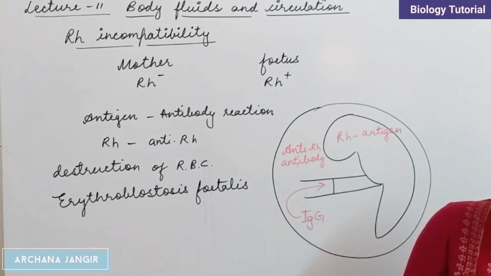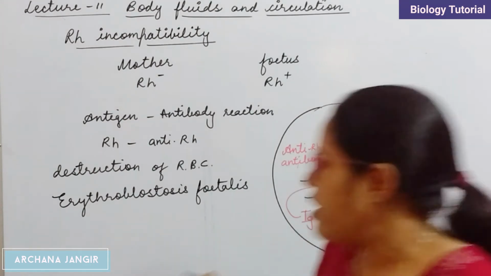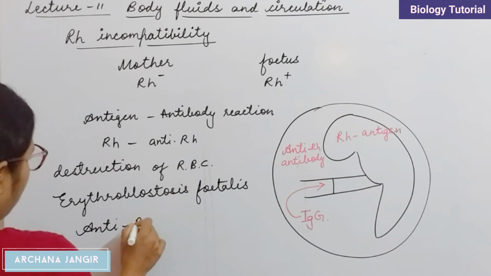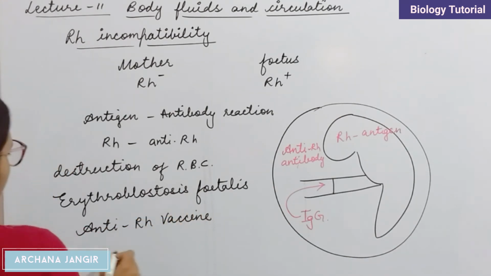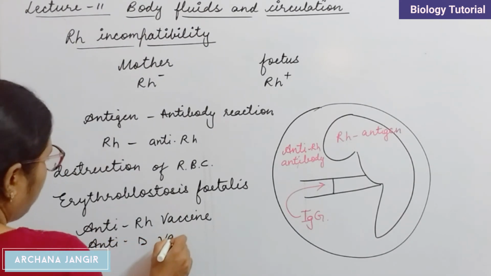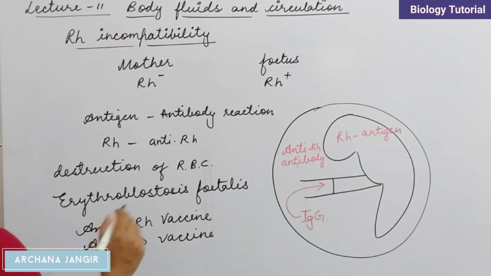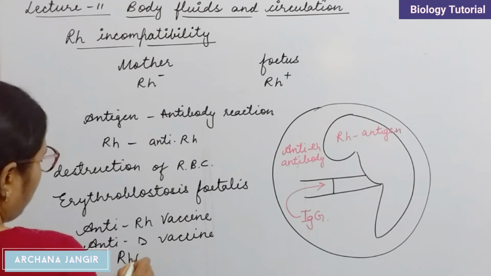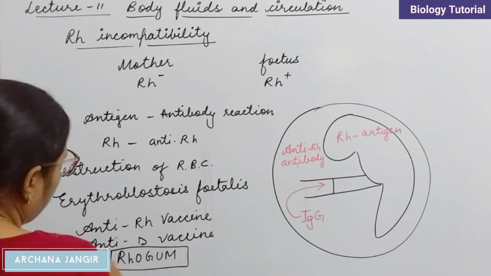Clear? So nowadays a vaccine is developed, which is called the anti-Rh vaccine, or the anti-D vaccine, because it is given against the antigen D. Commercially it is known as RhoGAM.